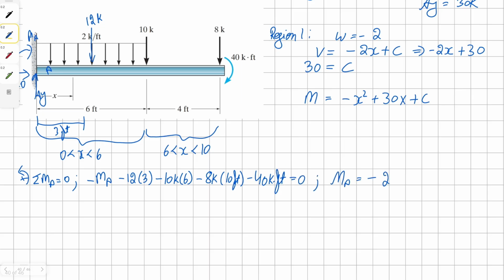So for moment A, we have our solution as negative 216k feet. This negative simply means that this moment is counterclockwise. So now we know that our moment is going to be negative 216 when x is 0. This way, we get our value of c as negative 216.